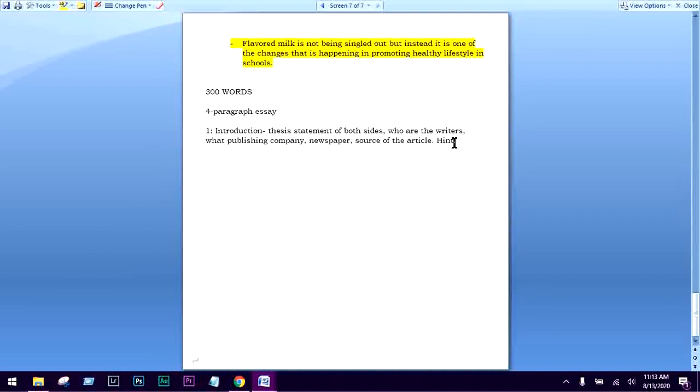So you can write your purpose. What will you do? Well, this essay will weigh and analyze both points of view and check the validity of their evidence and their arguments. So that's what you can also use to close your first paragraph.